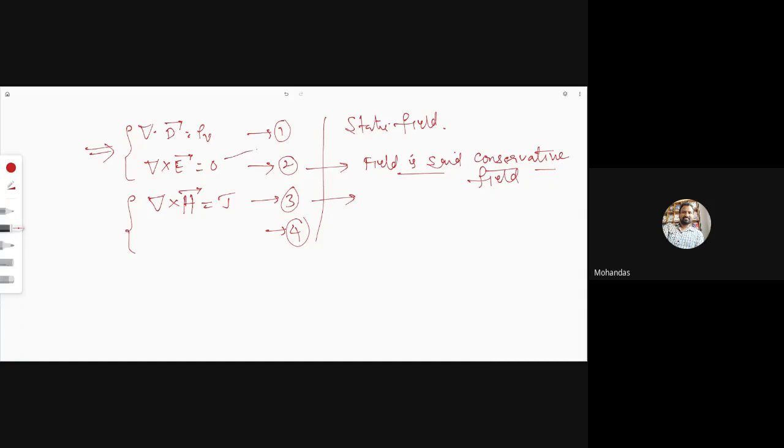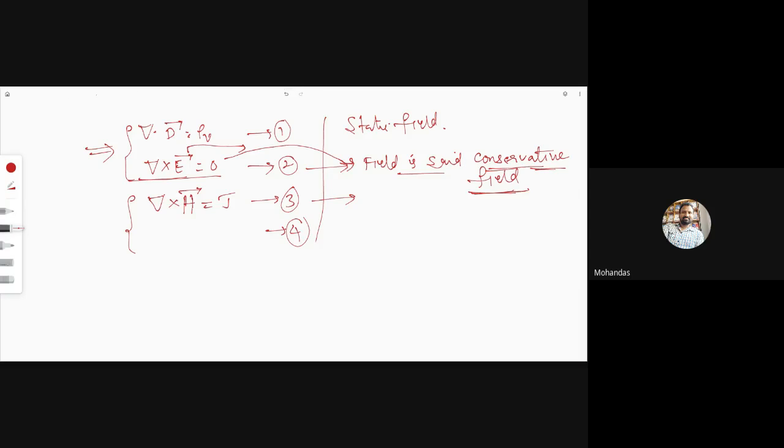What do you mean by conservative? It preserves the energy in the form of electrical flux lines. That is the meaning of a conservative field. It can store the energy. So if del cross E equal to 0, then the electrostatic E field is known as a conservative field.